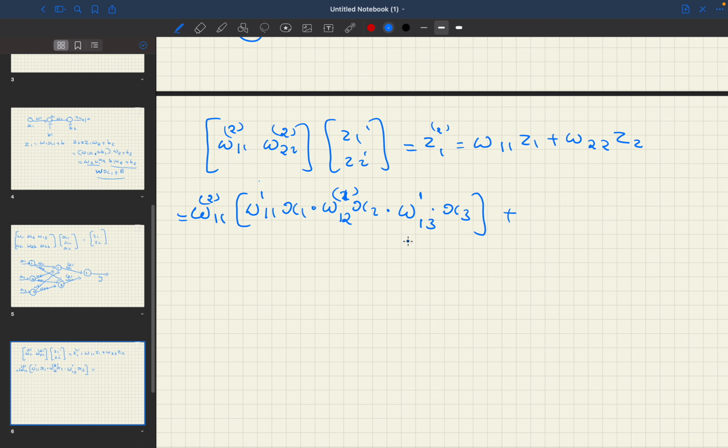Then plus, you can say that W22 layer 2 into, what is Z2?